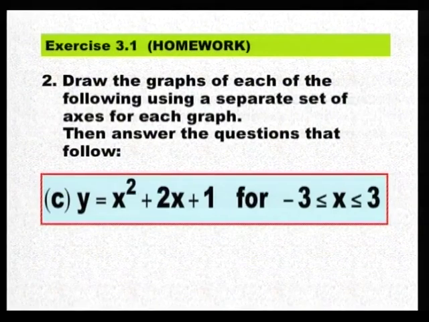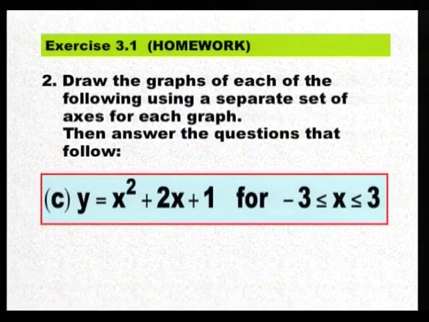Group 1. Question 2C. y equals x squared plus 2x plus 1.